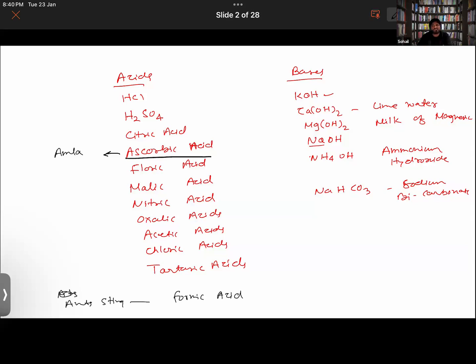Okay, in curd, which acid is found? Curd is sour in taste, no? Sundus, you tell me, what is the name of the bacteria found in curd?